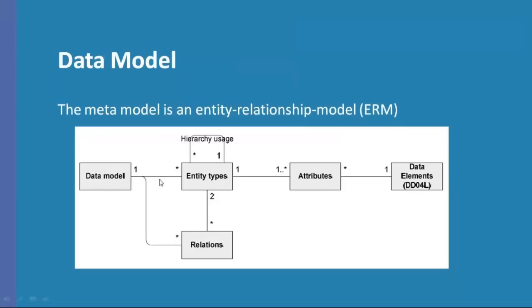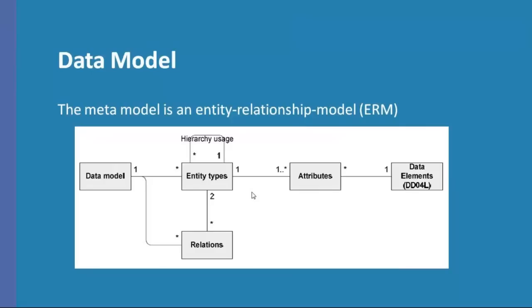Now, what are entity types? If I say in very simple terms, entity types are nothing but a group of entities. Let's say I can say entity type A, which may contain 10 entities or attributes which are relevant to that particular entity type.